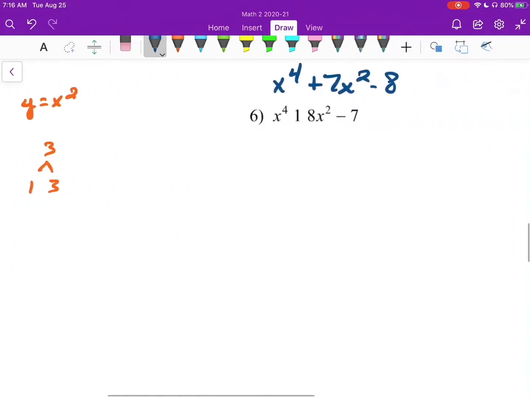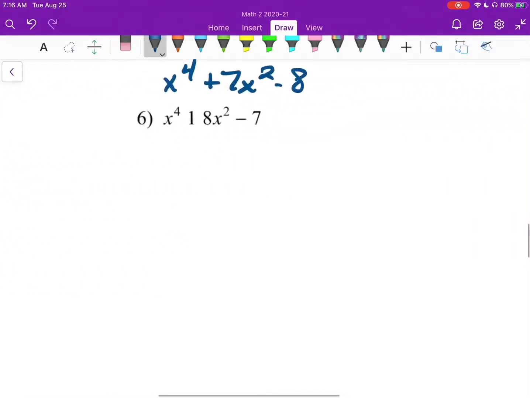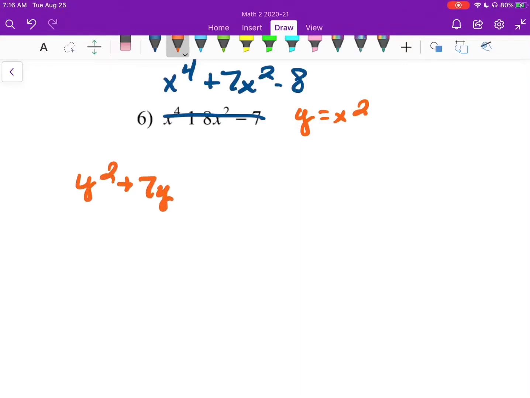All right, number 6. For starters, we can again plug in y. So we're going to have y equals x squared. And if you're able to do the y step in your head, you're welcome to do that. I think that it's helpful sometimes, especially in the beginning. So we have y squared plus 7y minus 8. We bring our 8 over here and we factor it apart. We have 1 and 8. I'm trying to make a 7. I mean, you could also list the 4 and the 2.